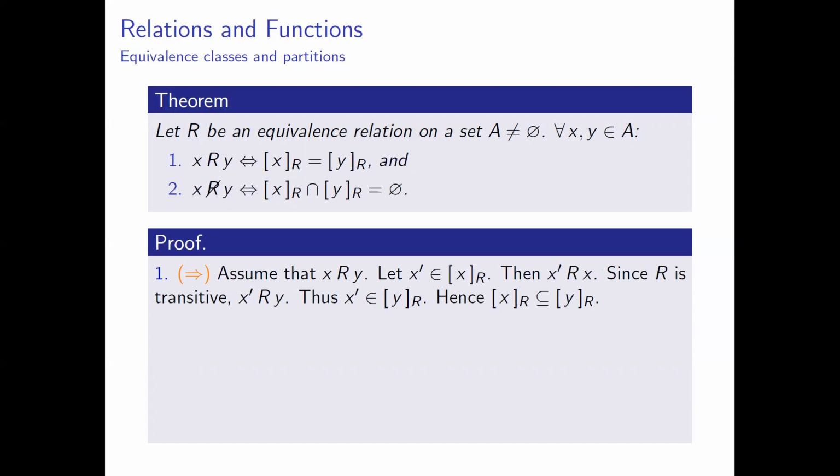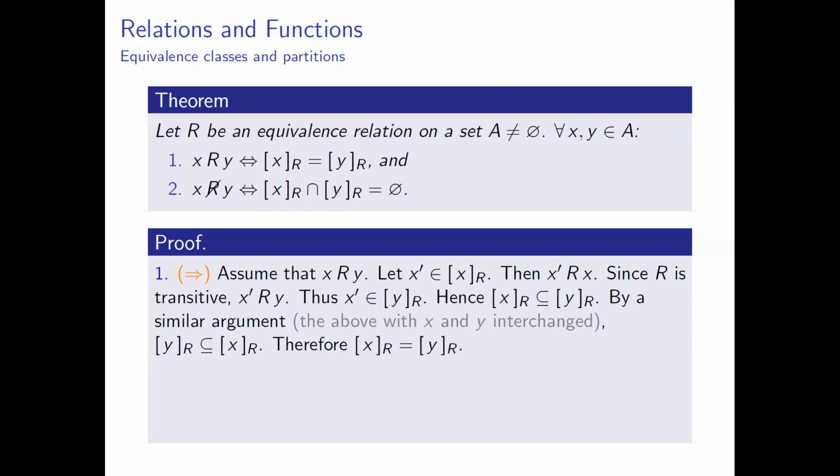Hence, the equivalence class of x is a subset of the equivalence class of y. By repeating the above argument with x and y interchanged, we can show that the equivalence class of y is a subset of the equivalence class of x. Therefore, the equivalence class of x is equal to the equivalence class of y.